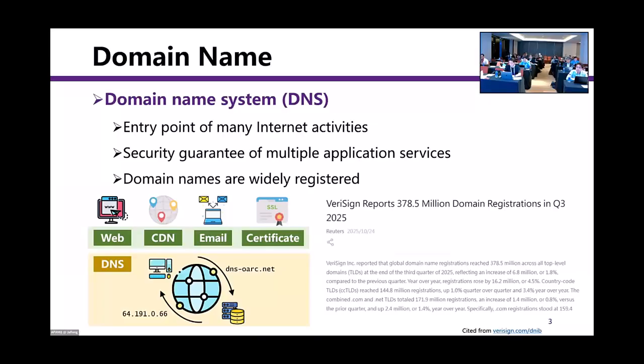Domain names and DNS are the entry points for people to access the internet. The security of upper layer applications like web services, CDNs, and email relies on the security of domain name resolution. According to Verisign research, there are nearly 380 million registered TLD domains worldwide.